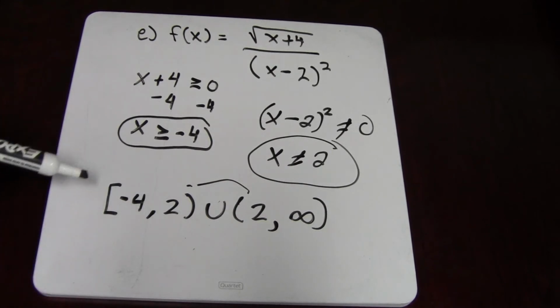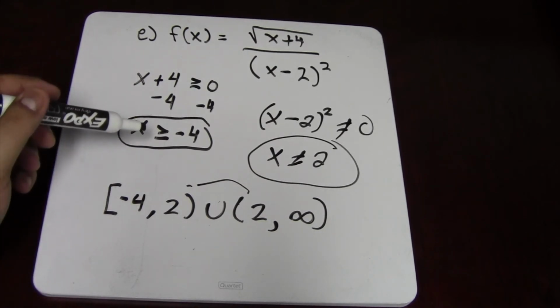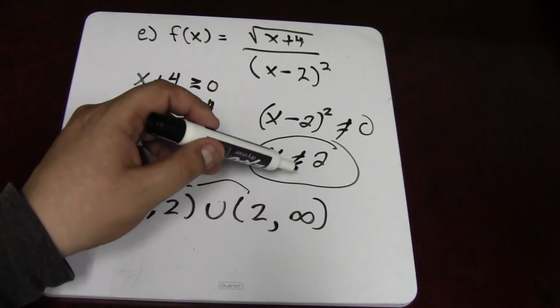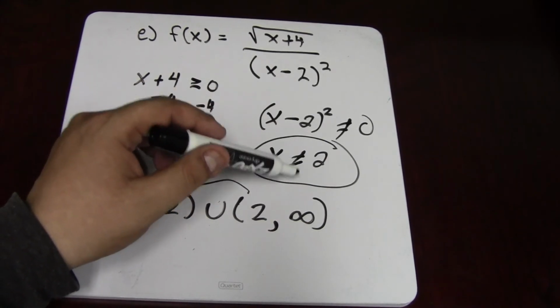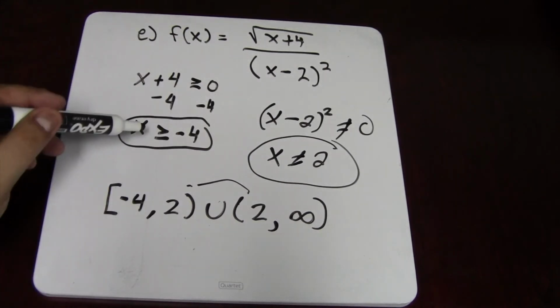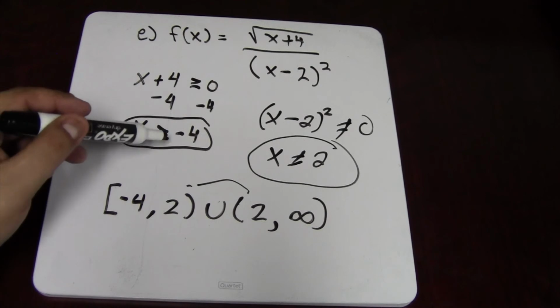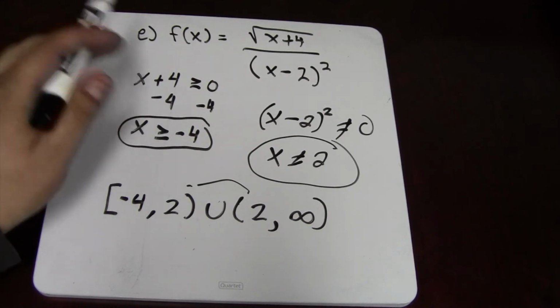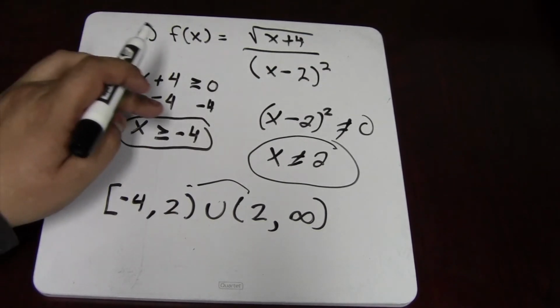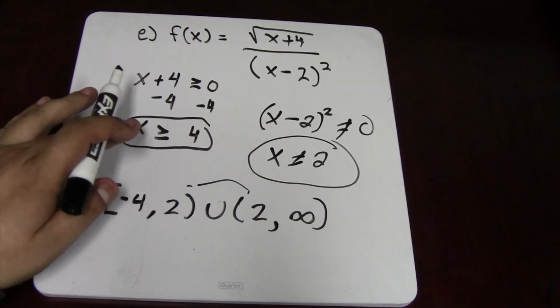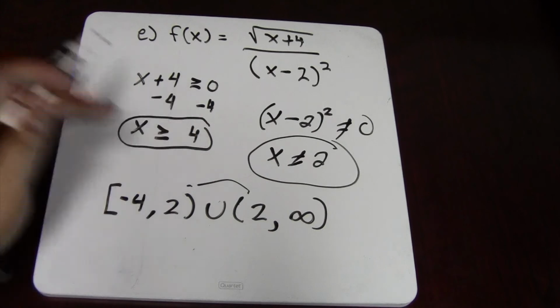Now you can see, hopefully, that there are cases where this could be tricky. You could have a number that the denominator can't equal, which is already excluded because of this domain. Okay? So let's just, as an example, I know this isn't right. Let's pretend this was 4 for a minute. Let's just pretend x needed to be greater than 4.